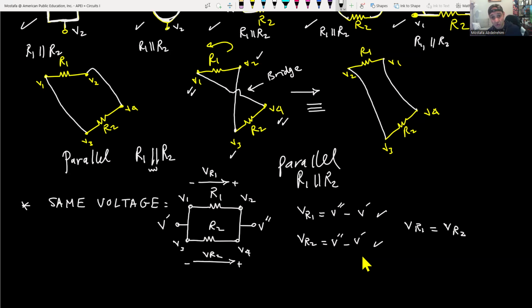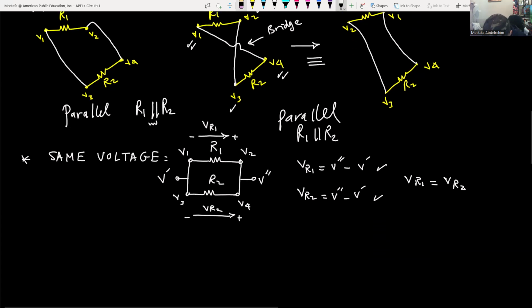Is this true for more? Yes, of course. Let's have another example. Let me put another resistor here, R3, between V5 and V6.